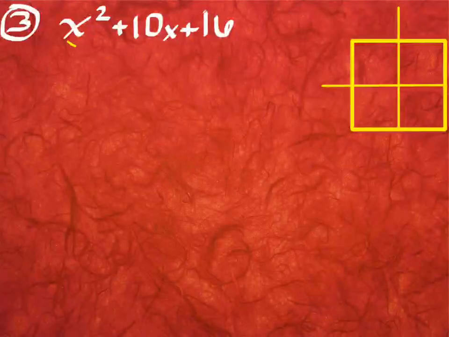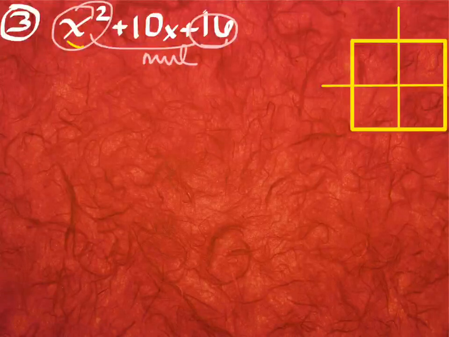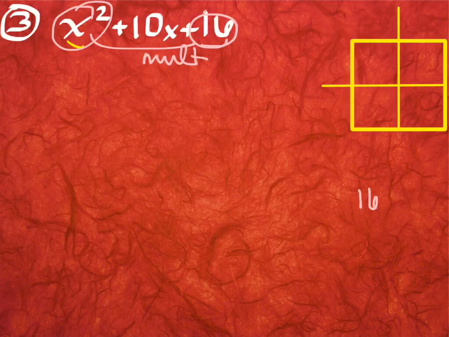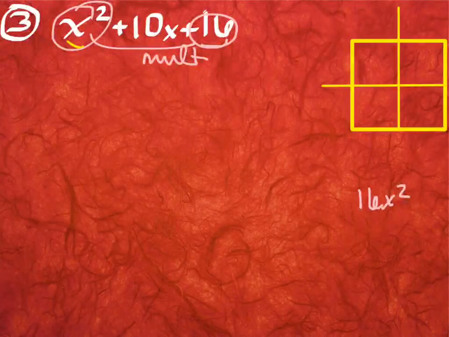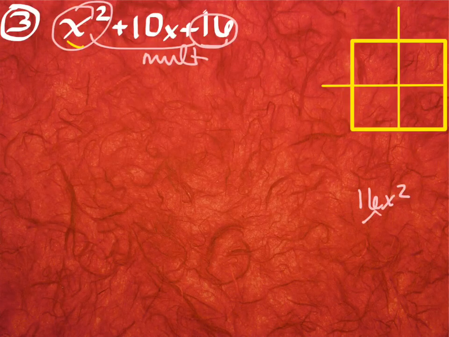So in this one, we take our two outside numbers and multiply them. And that gives us 16x squared. Now we're going to try to come up with all the factors that make up a positive 16x squared.